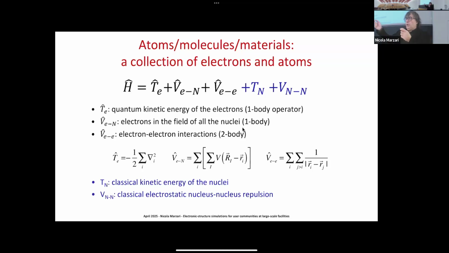And for every position of the 2 protons and of the nucleus, I can solve that Schrödinger equation. And then I can move the protons and the nucleus, and maybe I solve it again, and maybe I find an energy that is lower.